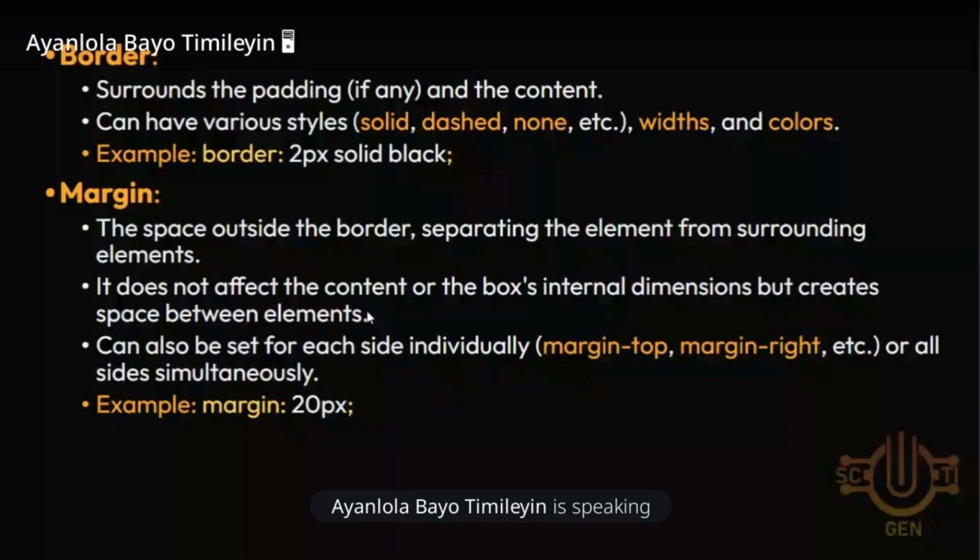Padding is the space between the content and the border, while the margin is the space outside the border. Margin can also be set for each side individually, that is margin top, margin right, margin left, margin bottom, or all sides simultaneously. The margin property set to 20 pixels is a good example.